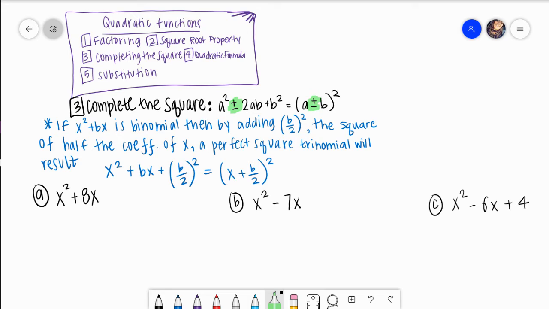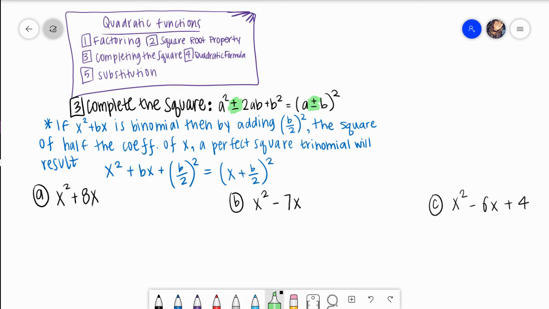So if x squared plus bx is a binomial, then by adding in parentheses b over 2, all being squared, that is actually the square of half of the coefficient of x. So if x squared plus bx is a binomial, and we add the square of half of the coefficient of x, a perfect square trinomial will result.